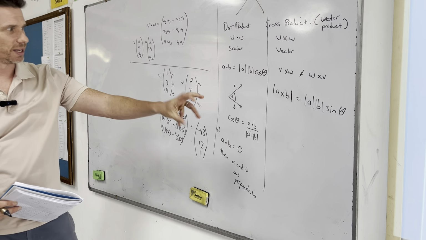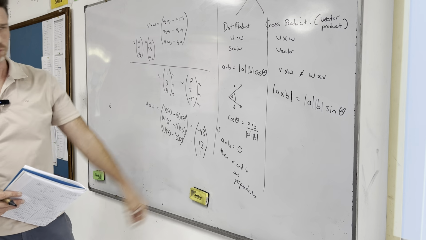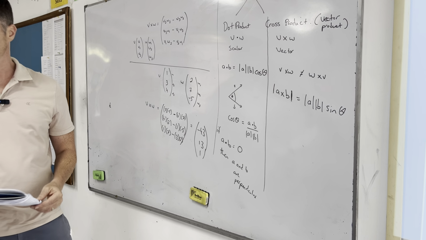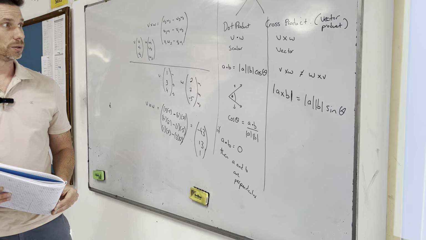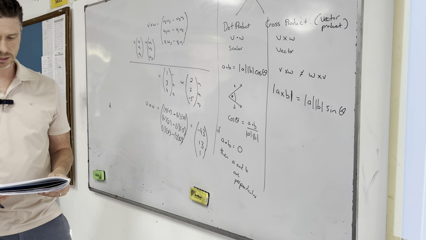You can rearrange that in the same way that we rearranged the cosine one, so that gets the angle between two vectors a different way.